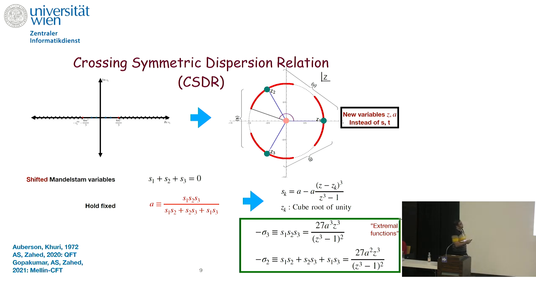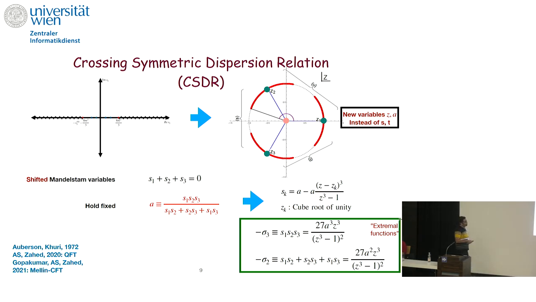And if there are cuts, the contour is going to wrap around the cuts, and you're going to pick up the discontinuity across the cut. Also, you have to make sure that the arcs at infinity die off, and then you'll have a formula for the amplitude in terms of the discontinuity across the cut. So that's basically the 30-second summary of what a dispersion relation is.